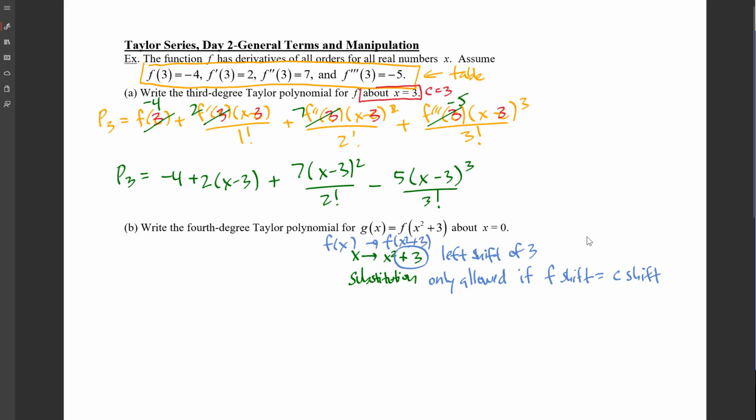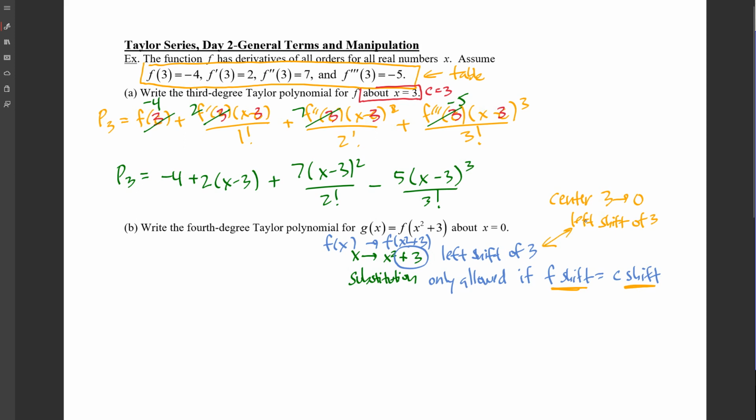The center in the original problem was 3, and now the center is 0. So that's a shift of what? x went from 3 to 0, so that's also a left shift of 3. Since both of these are left shifts of 3, the function shift is the same as the center shift, so substitution is allowed.